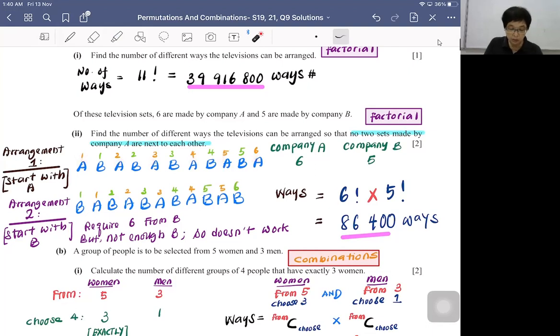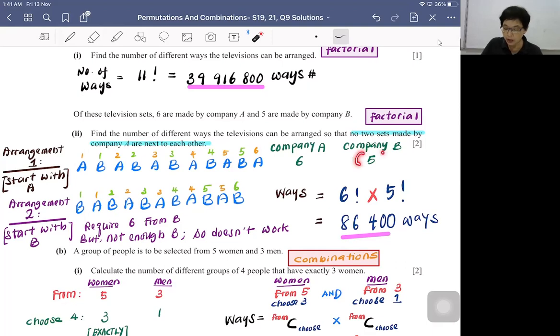In order to make this arrangement, you will need 6 televisions from company A. Do you have enough available to choose from? Yes, affirmatively. Now, in order to keep this arrangement, how many televisions of company B do you require? Let's count them. 1, 2, 3, 4, 5. You require 5 televisions from company B.